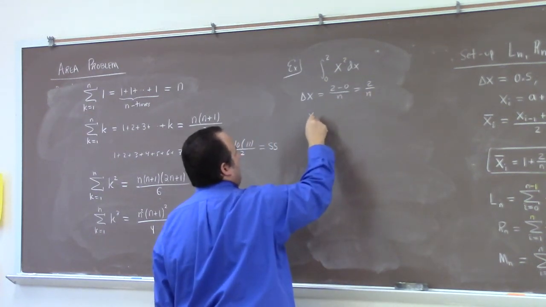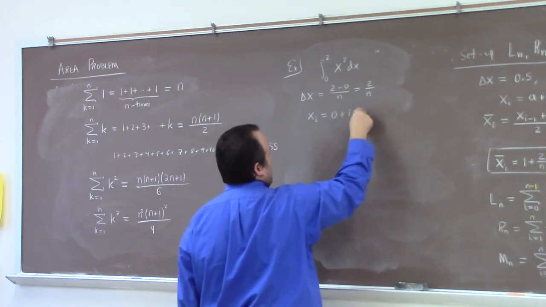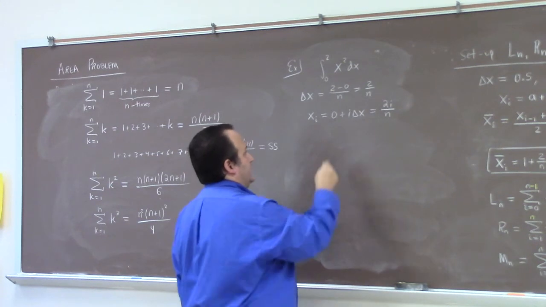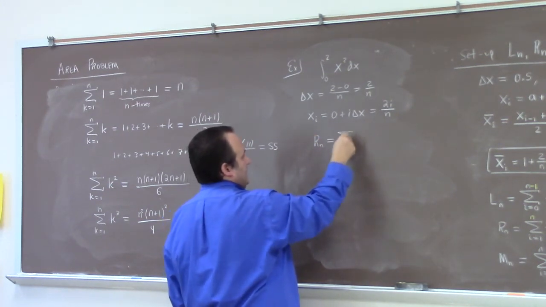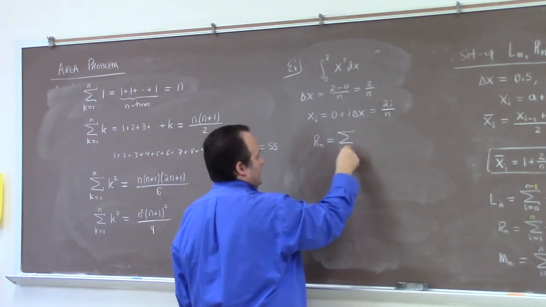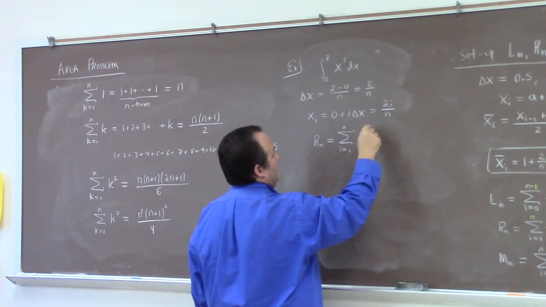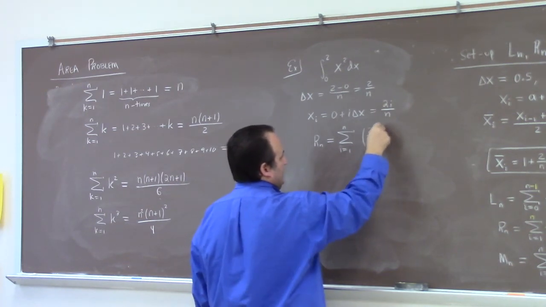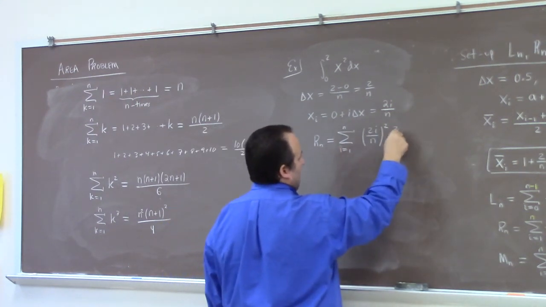And x sub i is 0 plus i delta x, which is just 2i over n. So if we want to calculate the right endpoint rule, we have the sum i equals 1 to n of f of x sub i, which is 2i over n squared, times delta x, which is 2 over n.